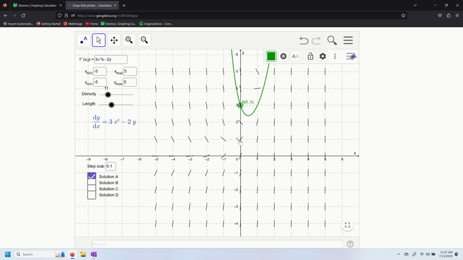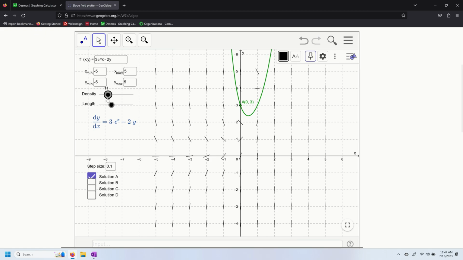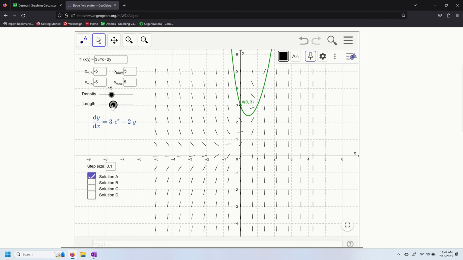At every single point, you have to remember, a derivative is the slope, the rate of change. So at each different xy value within this field, there are different derivatives. I can intensify this a little bit and make the tick marks longer so you can see them.